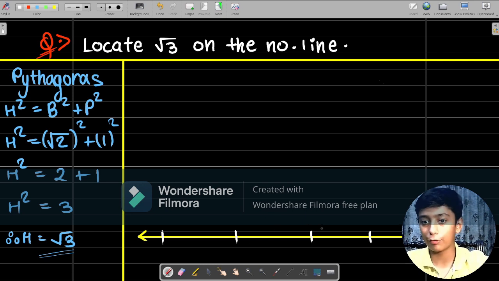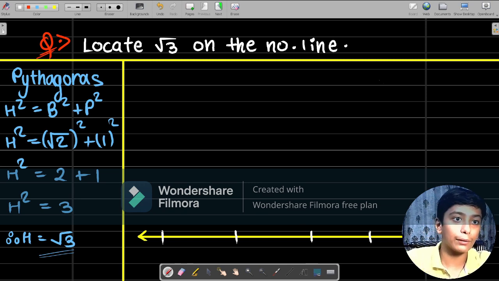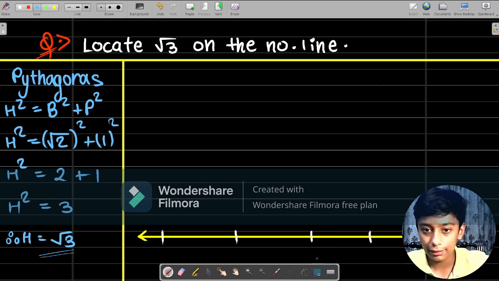Now I will take any two, let's take these two, and name them A and B. This point A and this point B is equal to 1 unit.